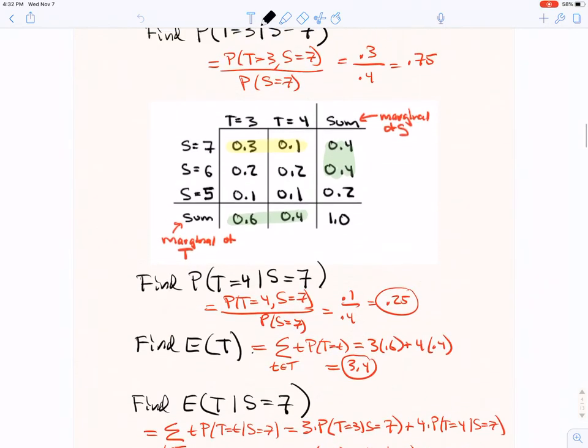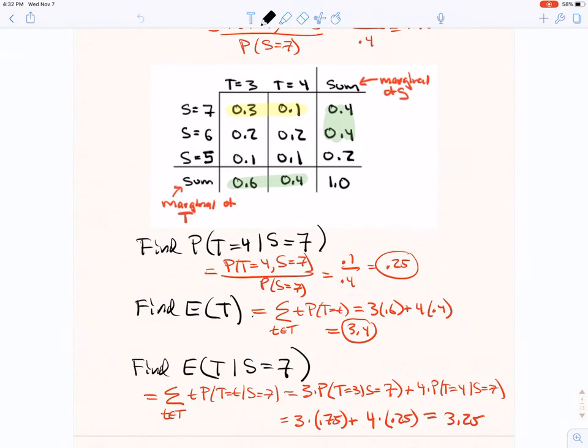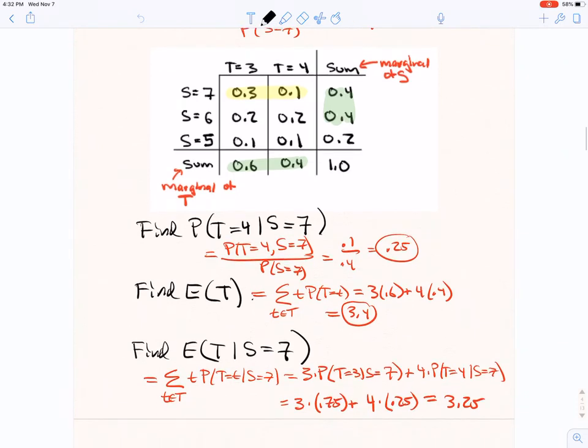So we find that that's 0.75. And so I gave you guys some problems to practice. And here the expectation of T is, so T takes the values 3 and 4.